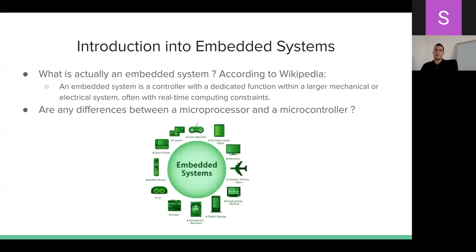What is actually an embedded system? According to Wikipedia, an embedded system is a controller with a dedicated function within a larger mechanical or electrical system, often with real-time computing constraints. If you ask me, the definition of an embedded system is a controller that has at least a microcontroller or a microprocessor, which was developed to have a certain function, and in general, that function will have real-time computing constraints.